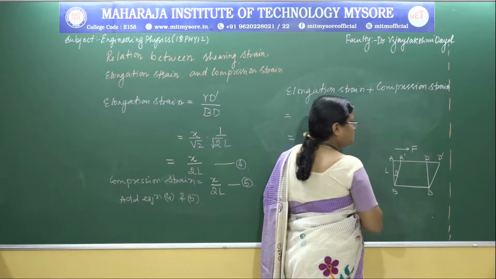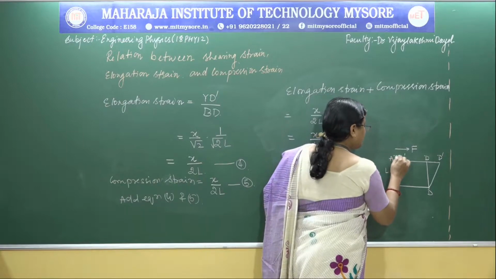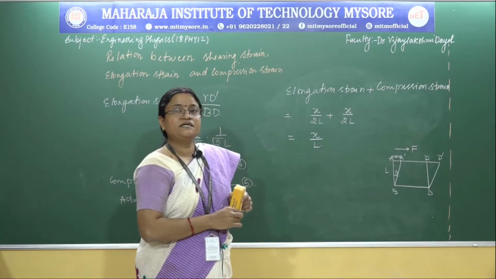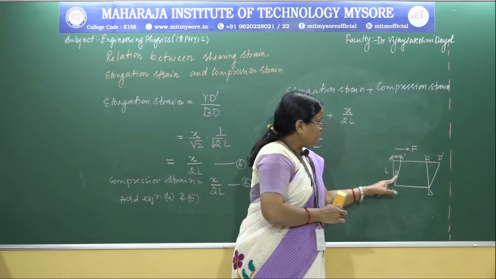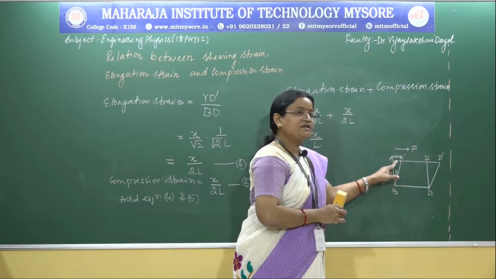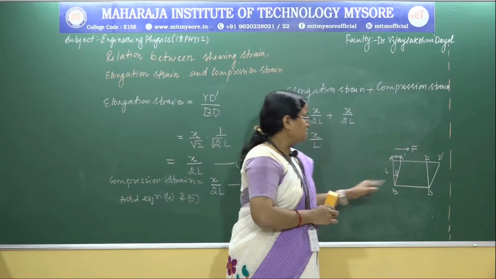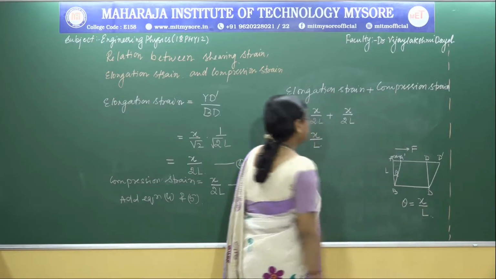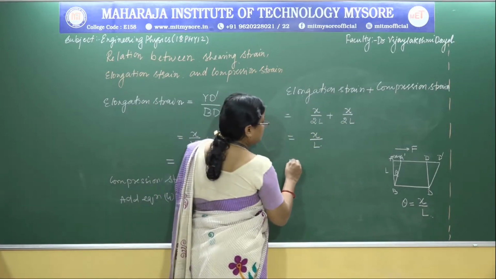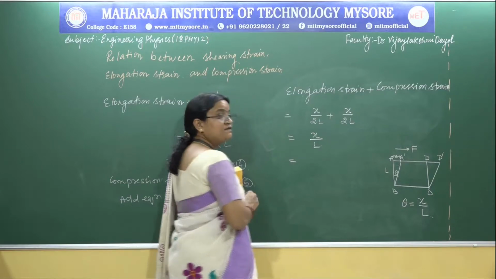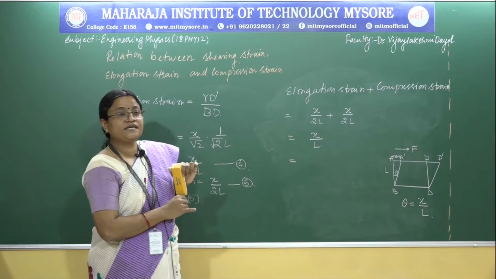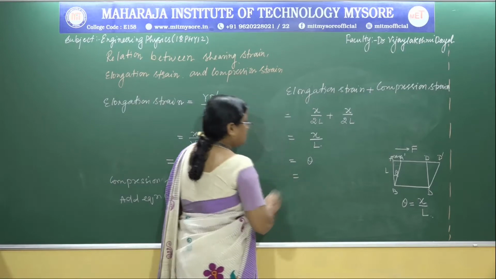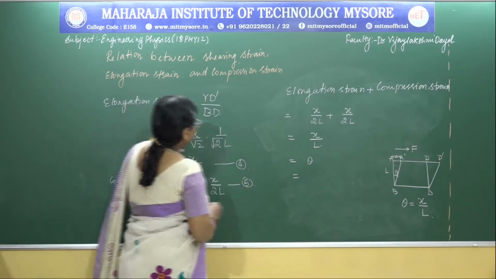So the length of the cube is L, and the change we are now writing as x, which in the previous case we wrote as delta L. So this theta, we have already derived in the case of rigidity modulus, is equal to x by L. So we can now write elongation strain plus compression strain is equal to x by L, which will be equal to theta, and this is nothing but the shearing strain.